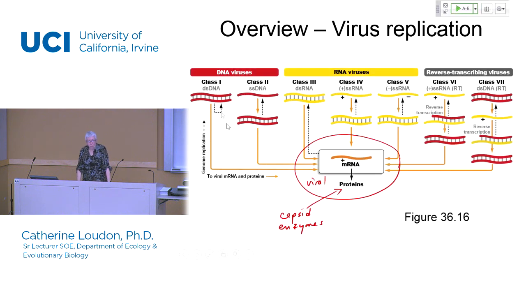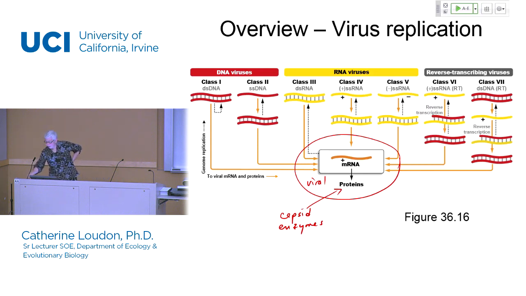So this class of DNA viruses shown over here on the far left is pretty straightforward, and there is no necessity for viruses of this kind to bring in any additional viral enzymes to help the replicative process.